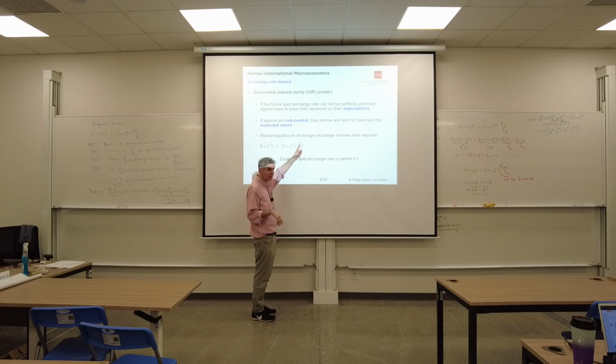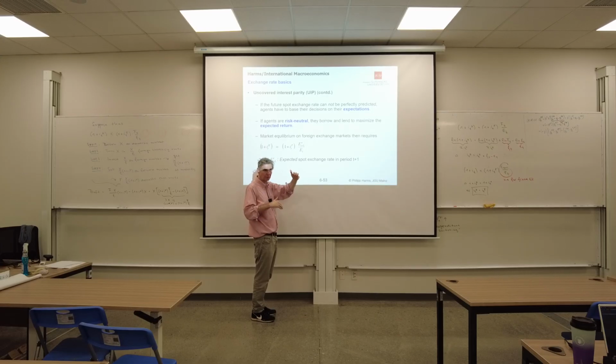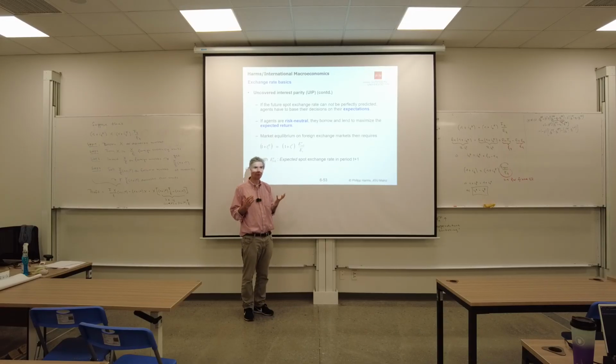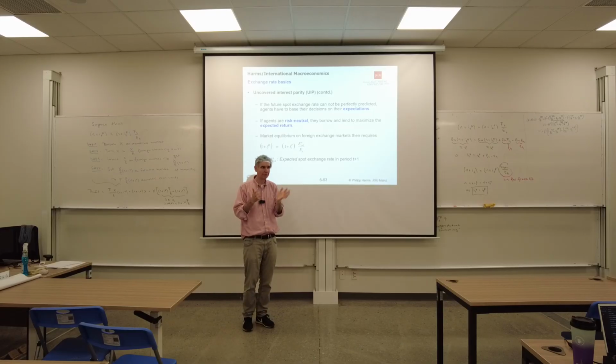Now, this thing is something that you expect, right? Could be that the realized value is above it, could be that the realized value is below it, right? So you are exposed to risk. Now, what does a risk-neutral person say when you confront him with risk? The risk-neutral person says, I don't care, right? That's risk neutrality.